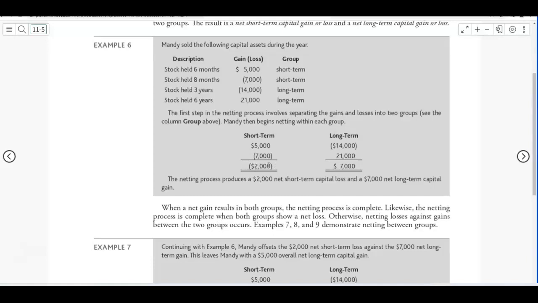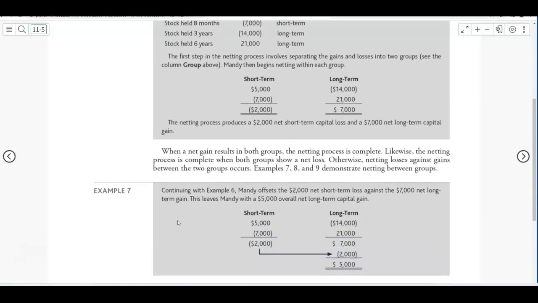So if net loss on the left and net loss on the right, then you stop again. Otherwise, like this scenario, netting loss against gains between the two groups will happen. You have to continue. You cannot stop it. So here we go.